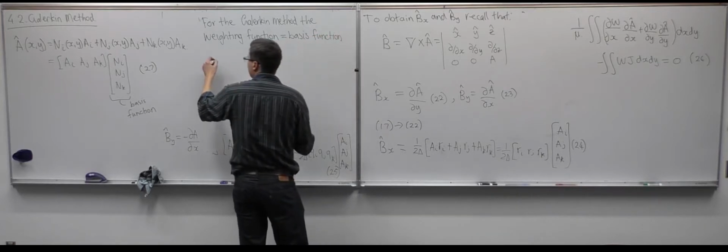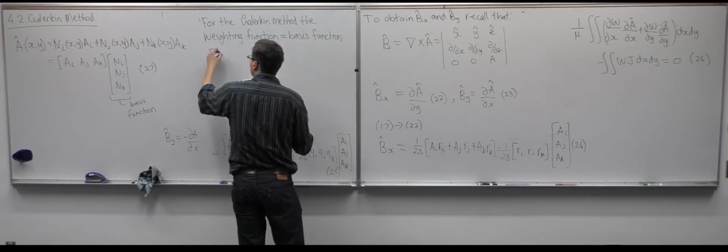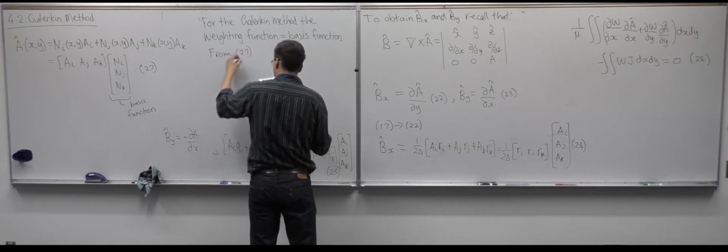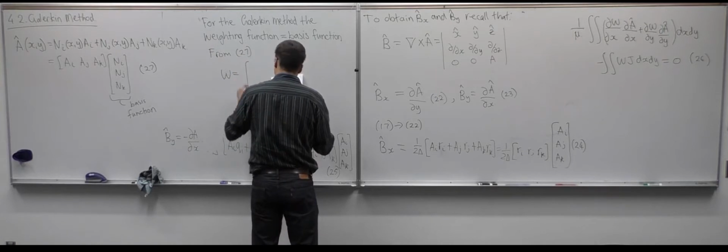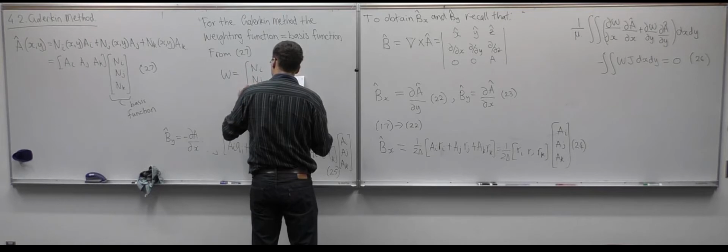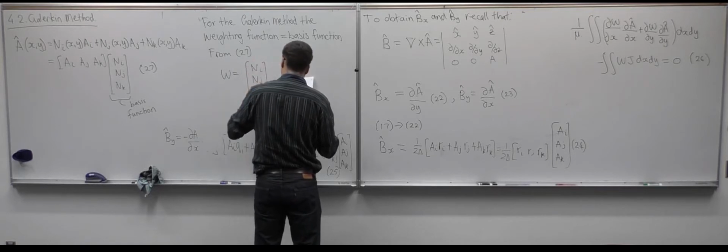So then from 27 we have that the weighting function is equal to Ni, Nj, Nk.